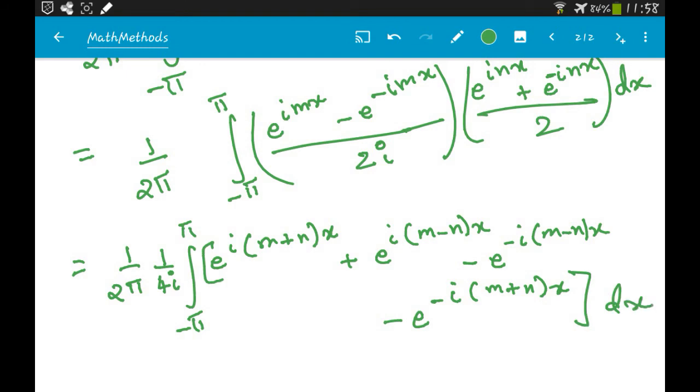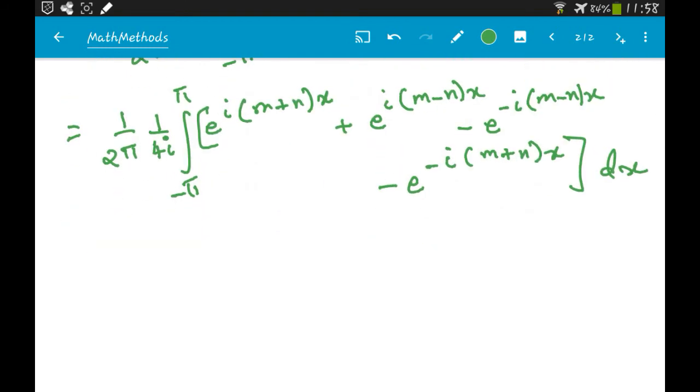Okay, so all of these, m plus n, m minus n, m and n are integers, right? Because these represent frequencies. So if m and n are integers, m plus n and m minus n will also be some integer.